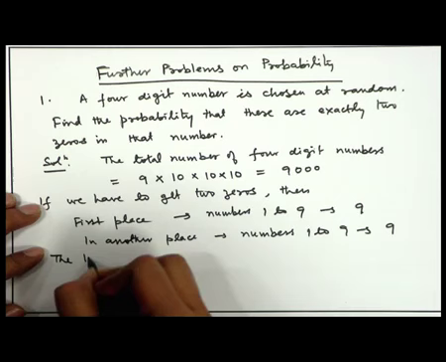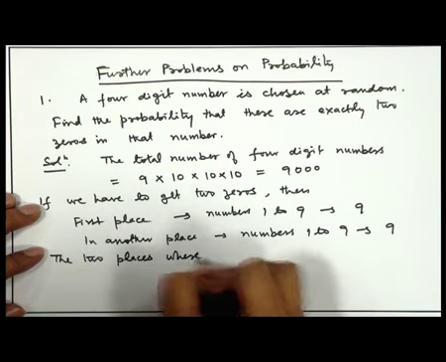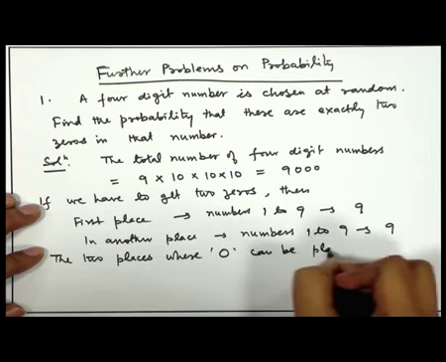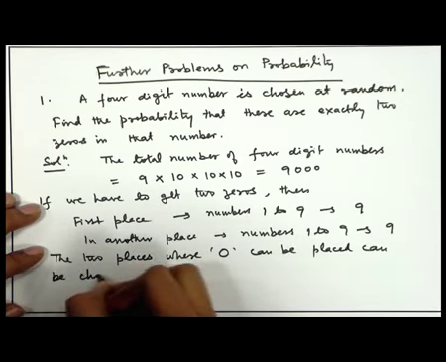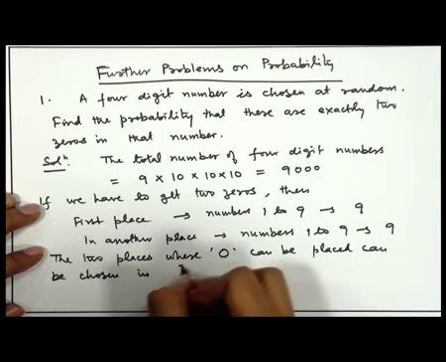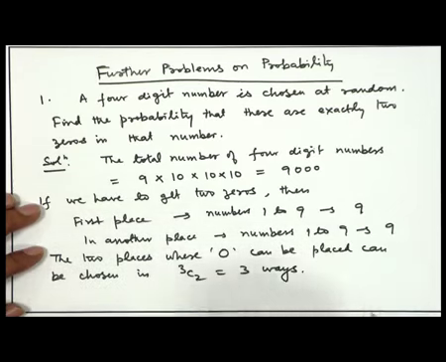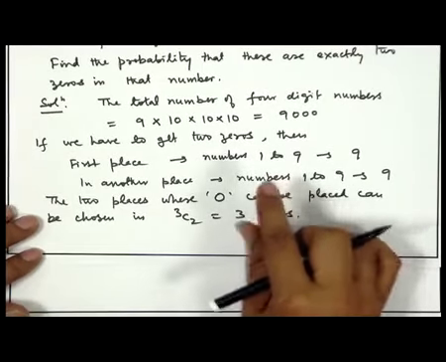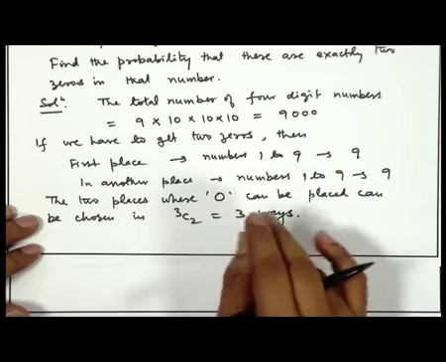The 2 places where 0 can be placed can be chosen in 3C2, that is 3 ways. Okay, so we have counted the possibility of having a 4-digit number in which 2 zeros are there.